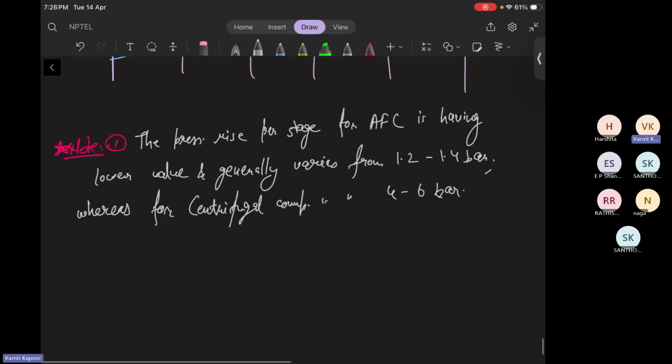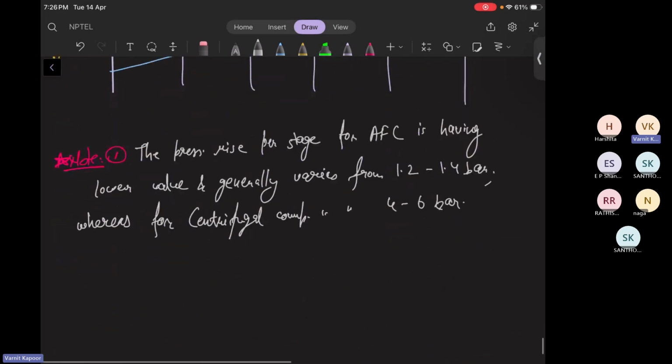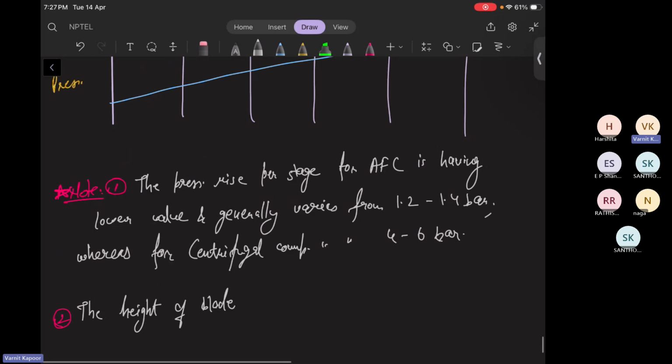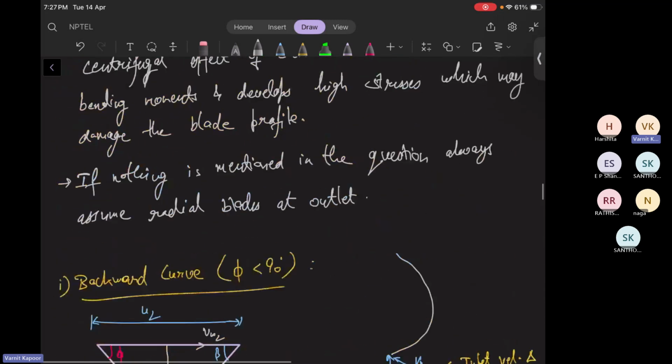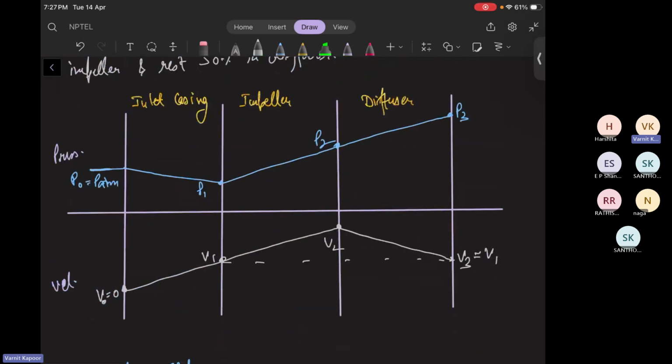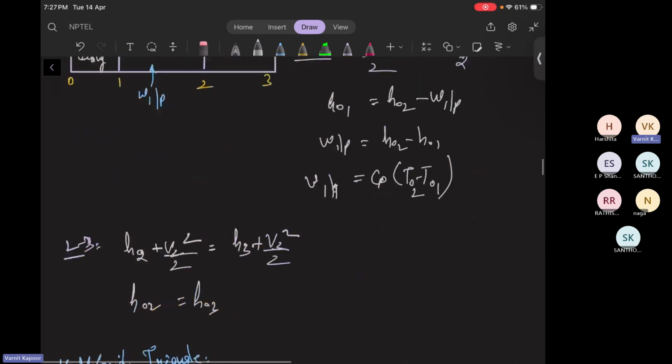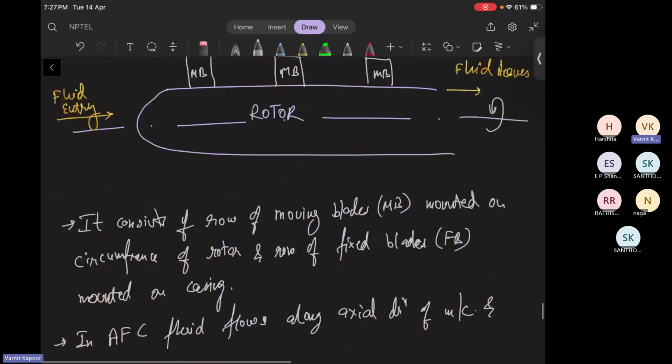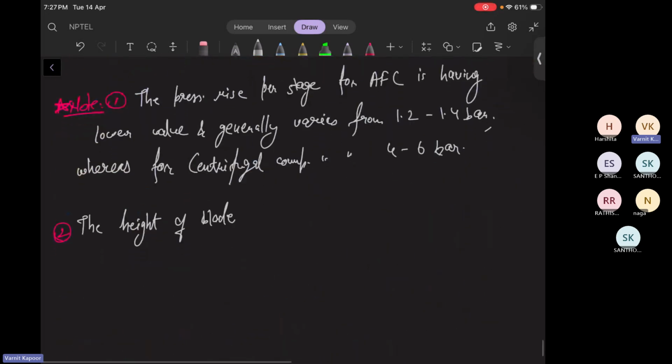Let me write: the height of the blade decreases from inlet to outlet.